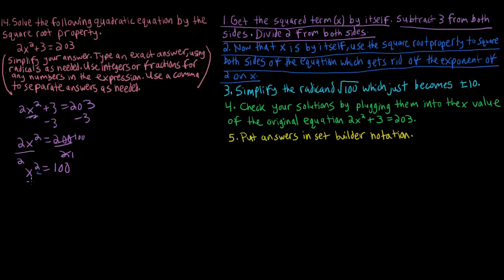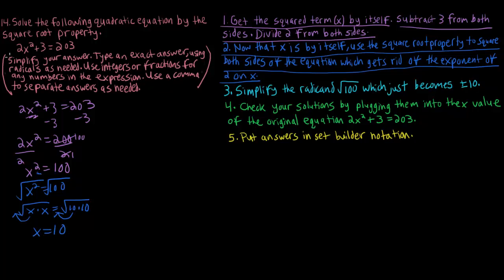So we have x squared equals 100, and we just use the square root property on both sides. That gives us pretty much just x times x equals 10 times 10. And when you have this by itself, you end up with x equals 10.